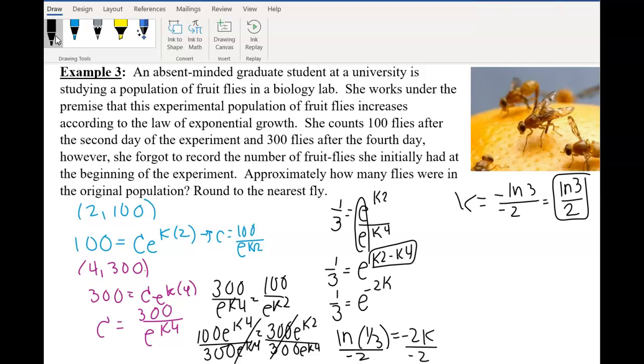Now we can take k. What's the time I want to know the number of fruit flies? So we're going to say that y equals C e to the natural log of 3 over 2 t. And then we want to know when t is 0.